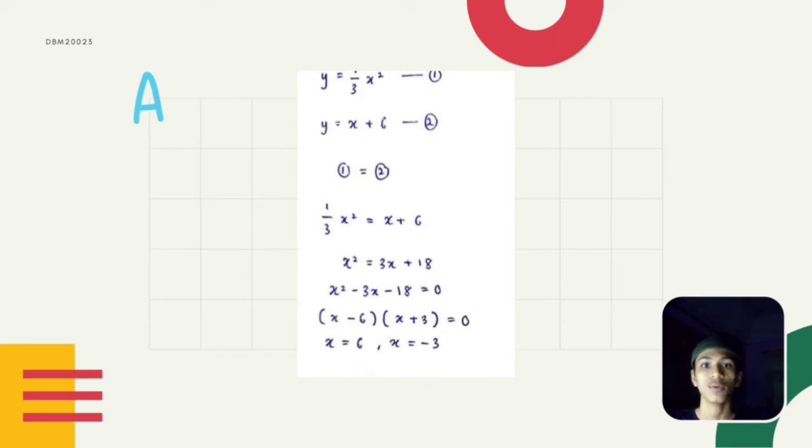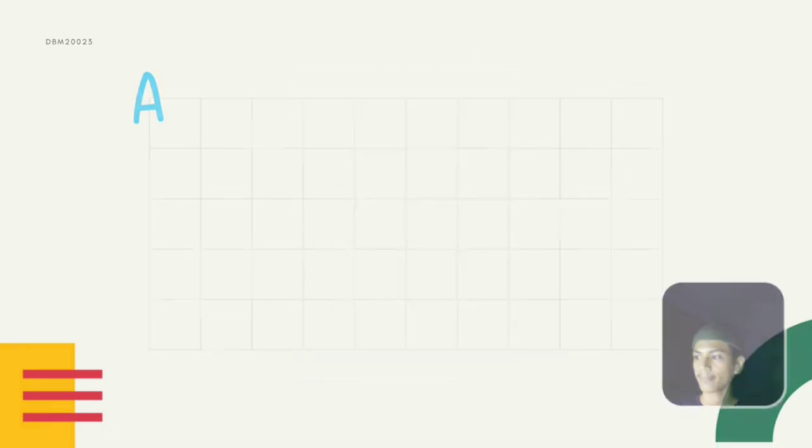So the quadratic equation is going to be x to the power of 2 minus 3x minus 18 equals 0. And after we factorize it, we're going to find x minus 6 and x plus 3 equals 0. So the answer is going to be x equals 6 and x equals negative 3.